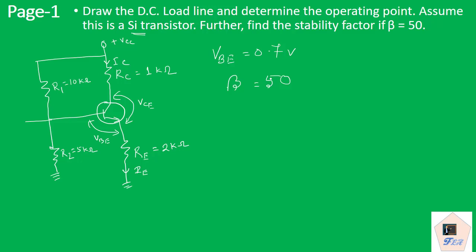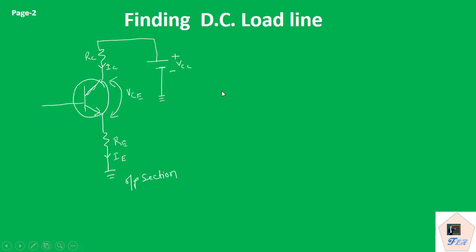Now to find the DC load line, first we have to analyze the output section. So this is the output section, and in this output section, if we apply KVL here, what we obtain is VCC is equal to the drop across this, that is IC RC, plus this drop VCE, plus the drop across RE, so RE into IE.